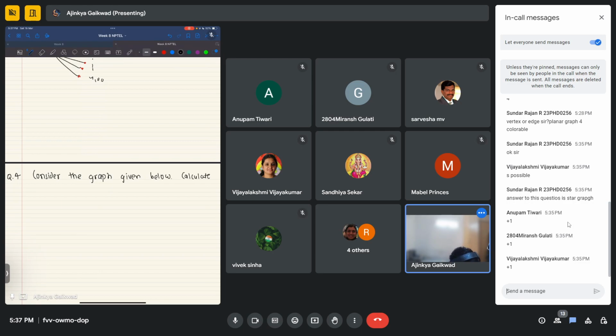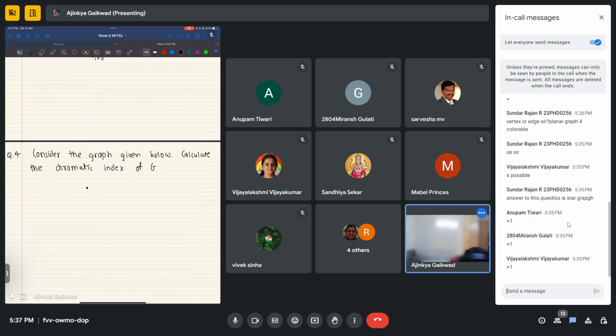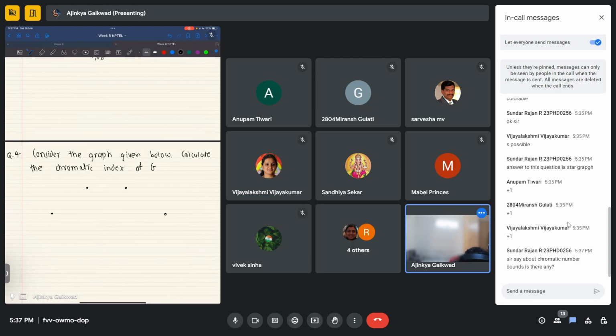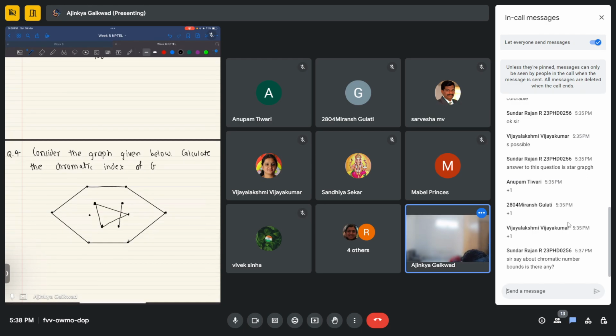Calculate the chromatic index of G. Let me draw the graph. So here is a graph G.